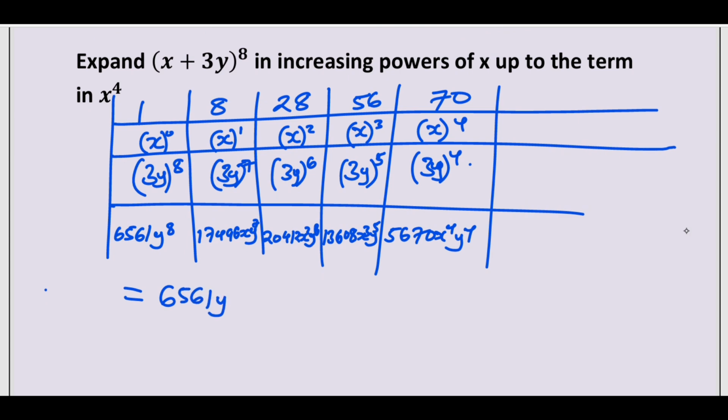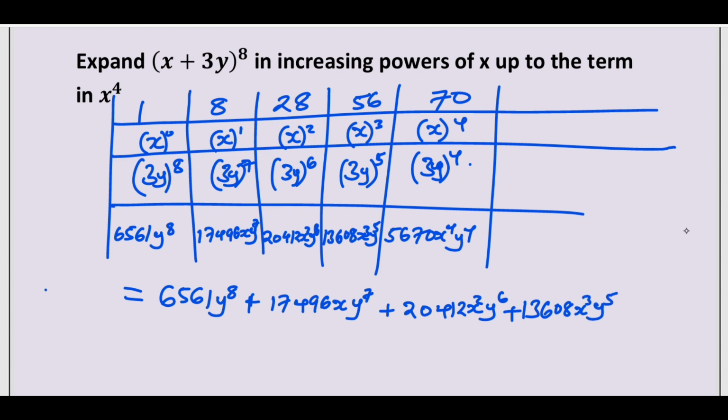We shall have 6561 y power 8 plus 17496 x y power 7 plus 20412 x squared y power 6 plus 13608 x cubed y power 5, then 5670 x power 4 y power 4.